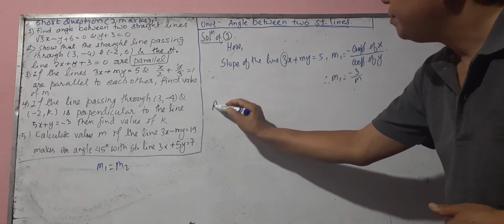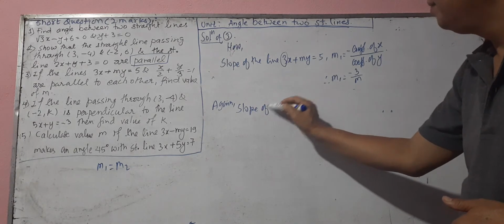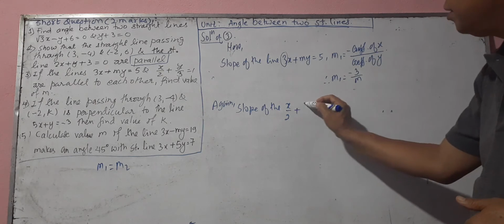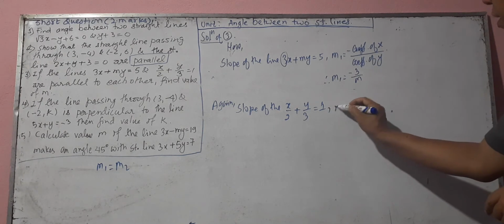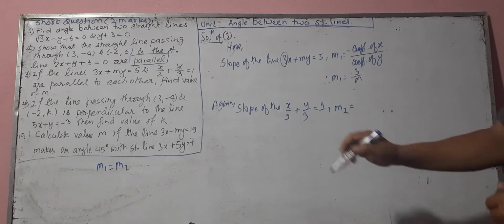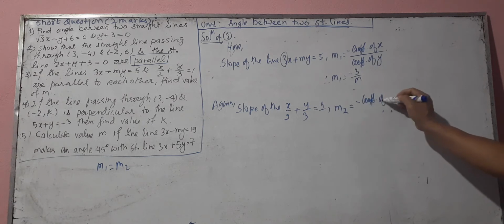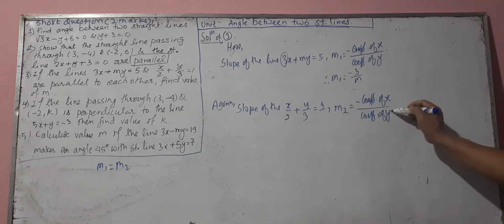Again, we find the slope of another line, that is x/2 + y/3 = 1. Let it be m2 equal to, again, minus coefficient of x over coefficient of y.